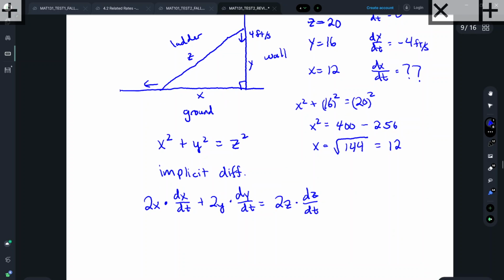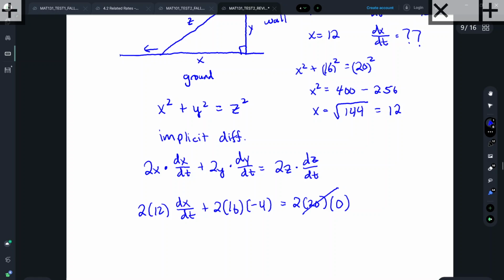Okay, so now let's just plug in all the numbers. Right, so x was 12. dx/dt is what we're trying to calculate. y was 16. dy/dt was negative 4. And then z was 20, but dz/dt was 0. Okay, so this whole thing is 0.